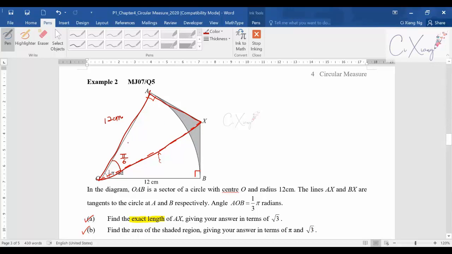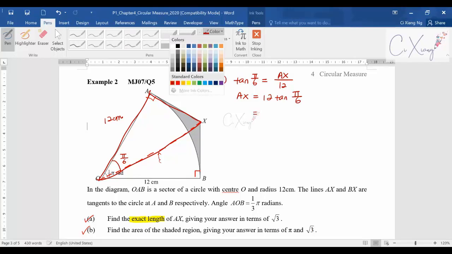I can refer to this triangle. You can use the result tangent pi over 6 equals AX divided by OA, which is 12. Therefore, very easily, you can get the length of AX: 12 tangent pi over 6.